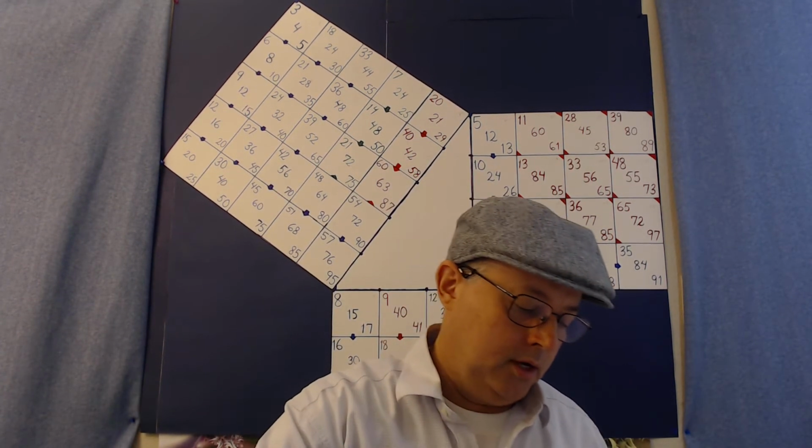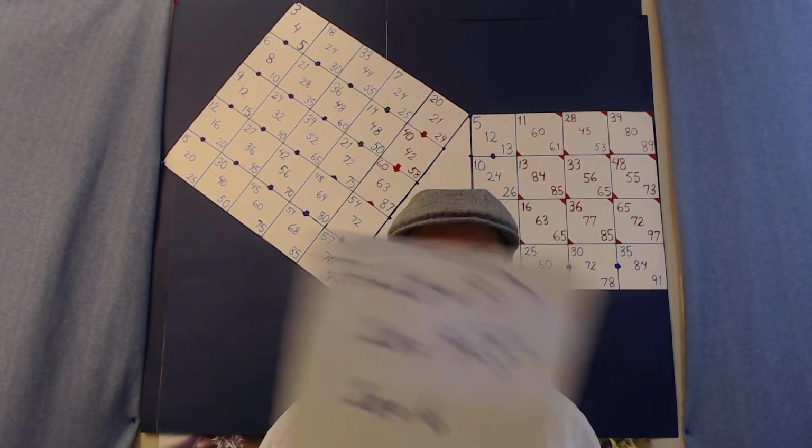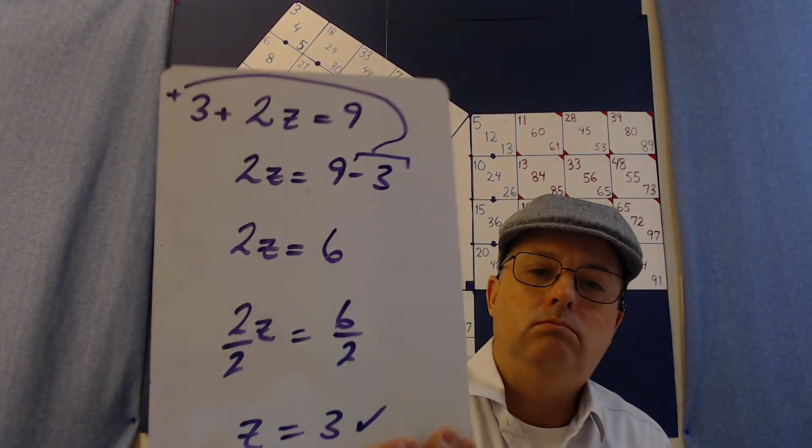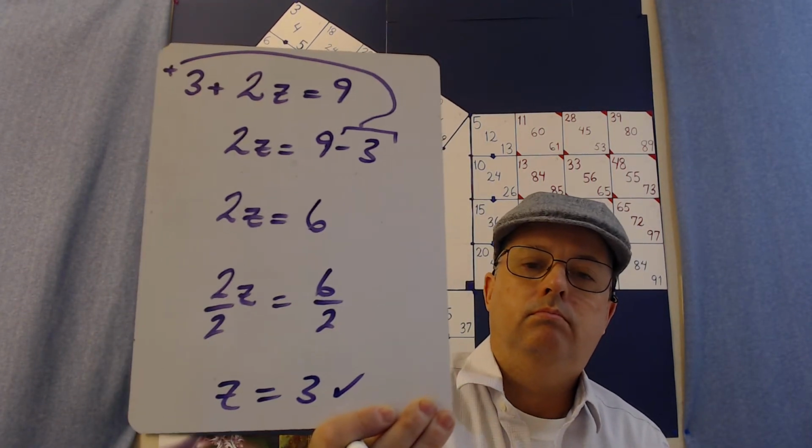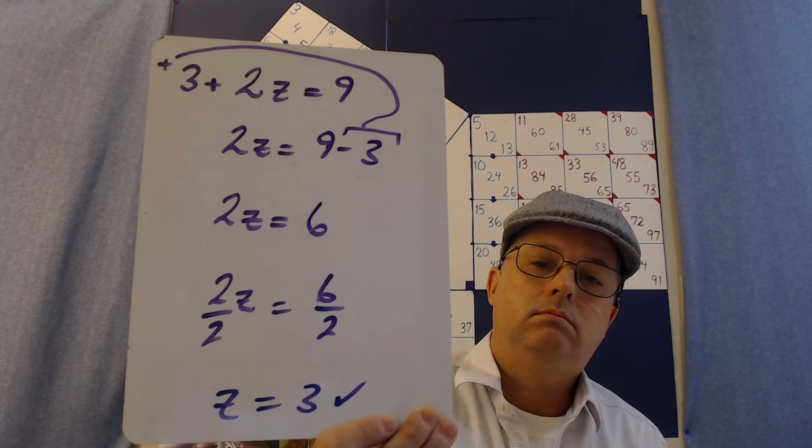And then you would say 2z equals 6. And then you would divide by 2. So 2z divided by 2 equals 6 divided by 2. And z would be 3. Okay, so we solved the equation, right?